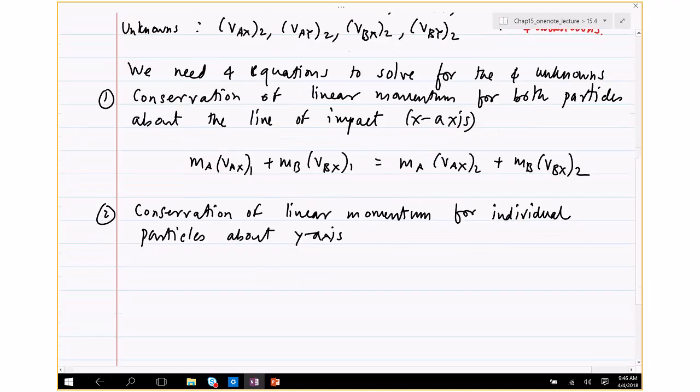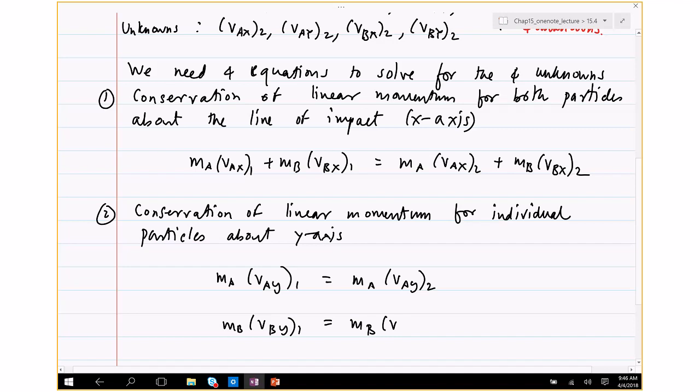What this means is the mass of A times velocity of A in the y direction before impact is the mass of A times velocity of A in the y direction after impact, and mass of B times velocity of B in the y direction before impact is mass of B times velocity of B in the y direction after impact.